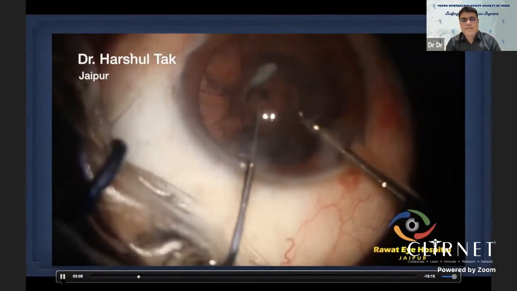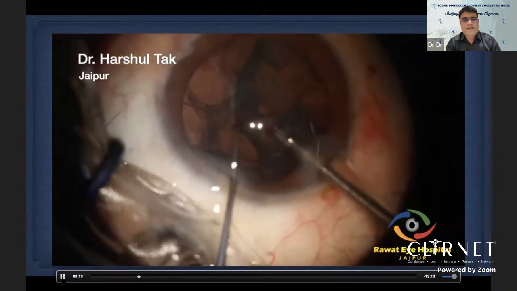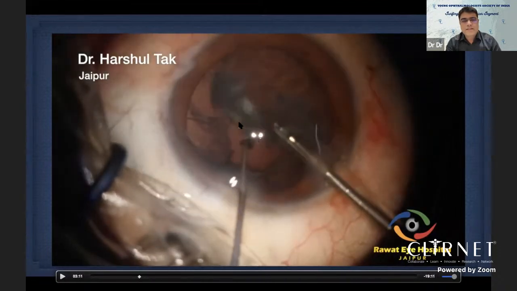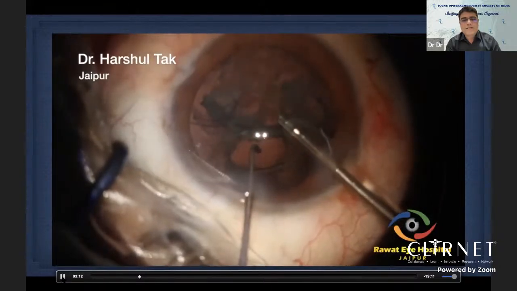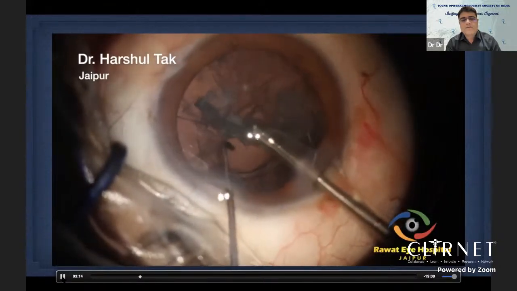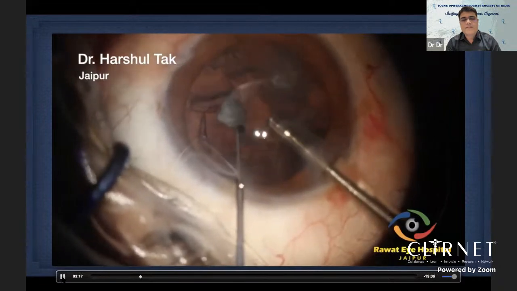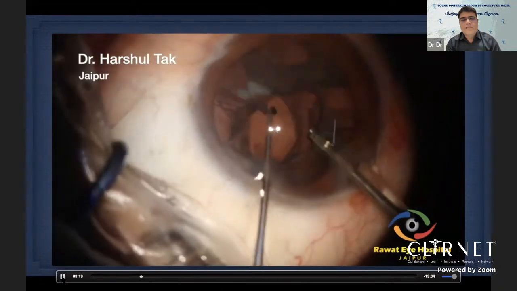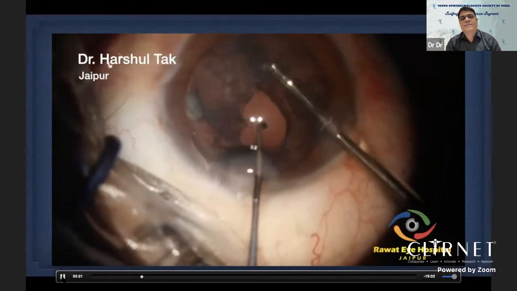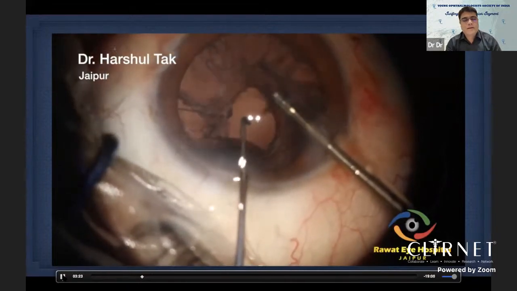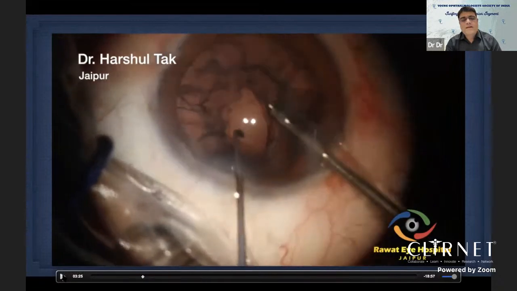Here, once this sheet is taken off, you will realize that I can visualize a posterior capsule rupture there. So I just take off this epinuclear sheet. Once you have noticed this posterior capsule rupture, you just don't come out from the anterior chamber withdrawing all your instruments, because you don't want to further enlarge whatever posterior capsule rupture is there.